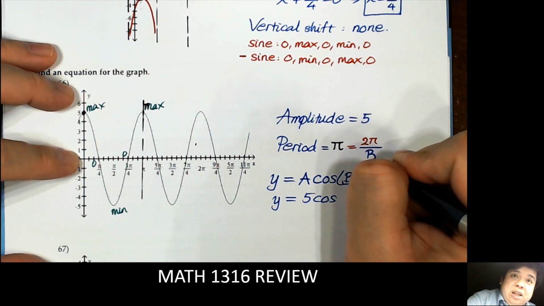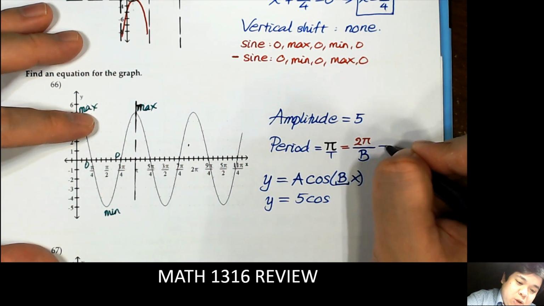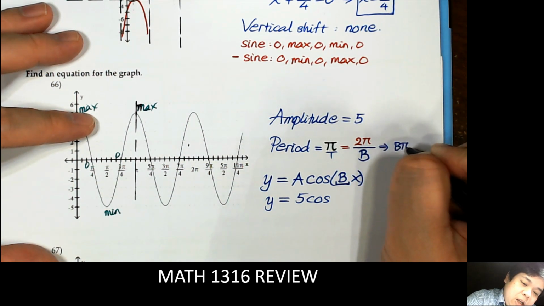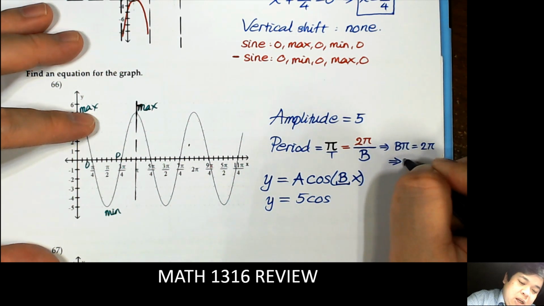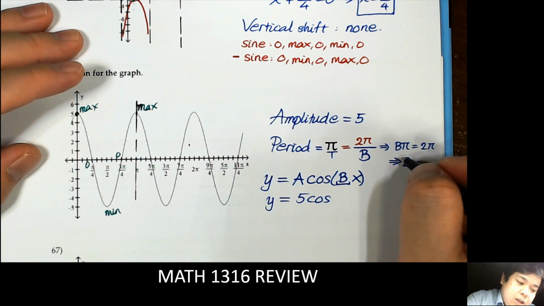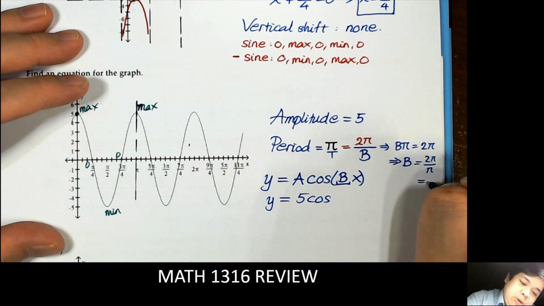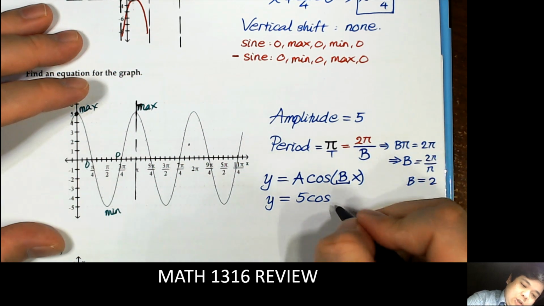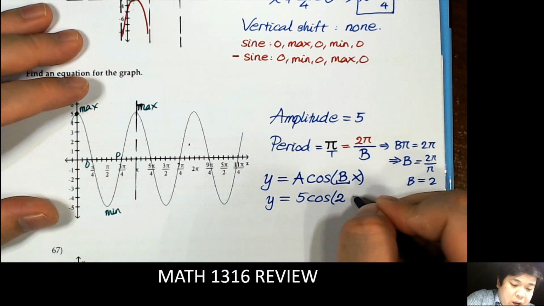We call that b. So write the ratio, cross multiply: b pi equal to 2 pi, divide by pi on both sides, b equal to 2 pi over pi, which is 2. So the function will be 5 cosine of 2x.